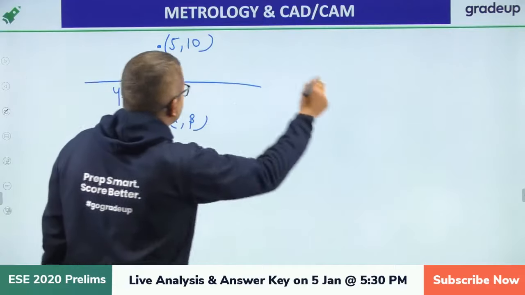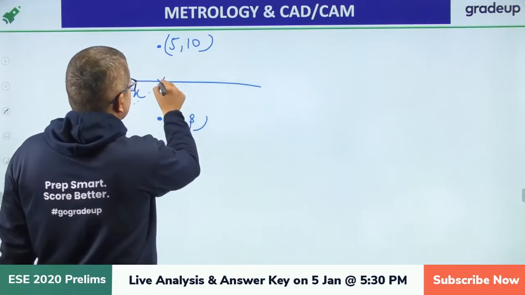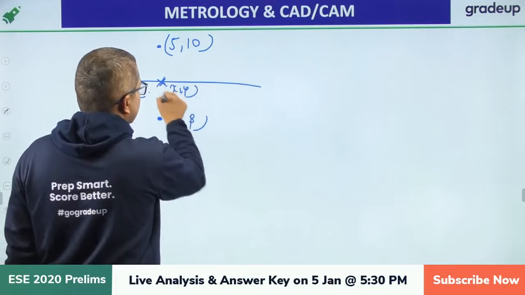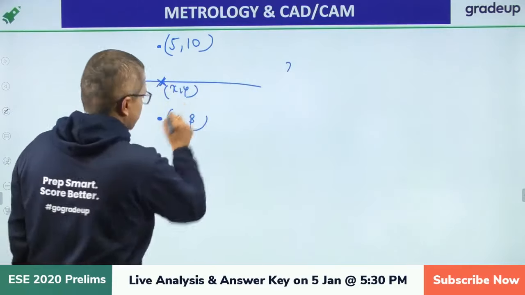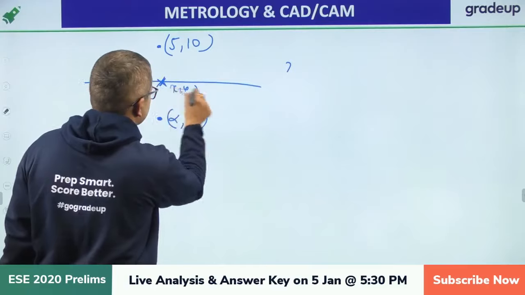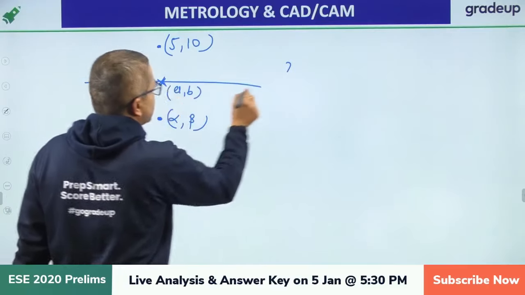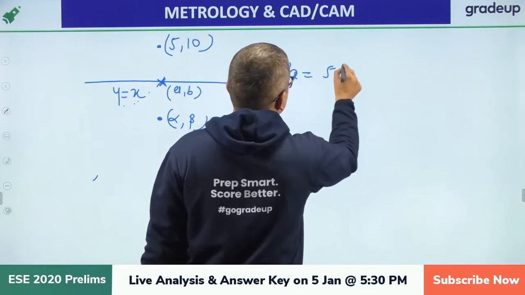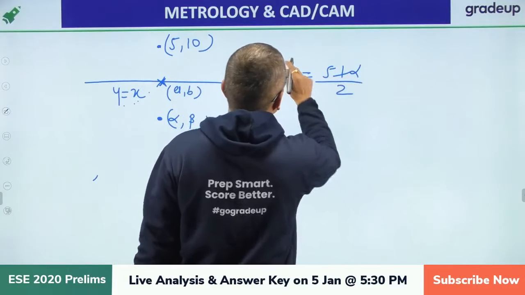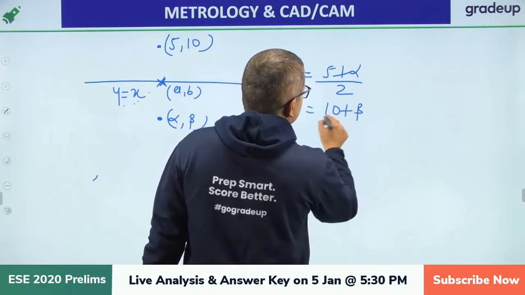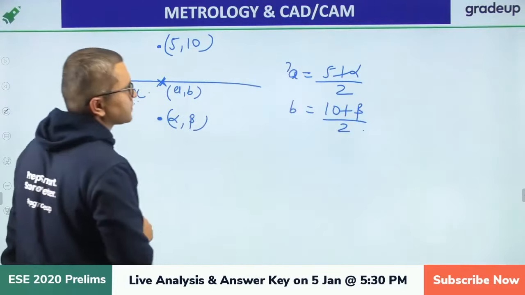So what is the midpoint? I don't want to generalize it, so let's say the midpoint is a comma b. Then a is 5 plus alpha upon 2, and b is 10 plus beta upon 2.